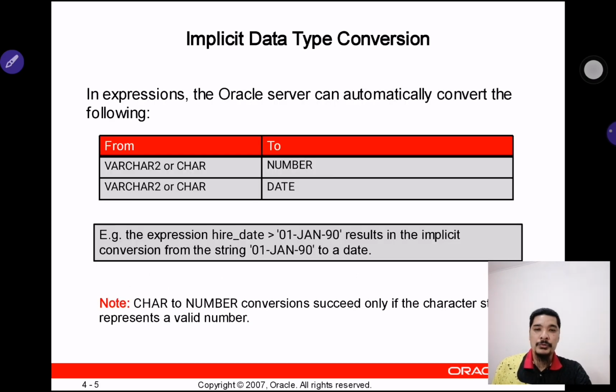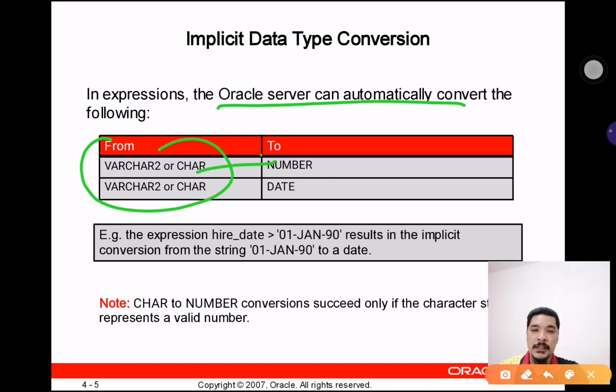For implicit data type conversions in expressions, the Oracle server can automatically convert the following, so we don't have to do our part. The Oracle server automatically converts these expressions: from varchar2 or char to number, and from varchar2 or char to date, and so on.